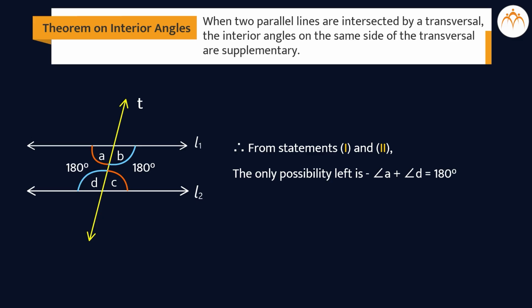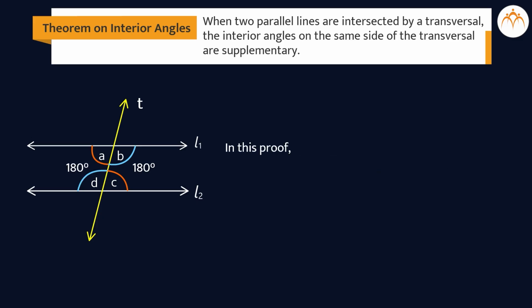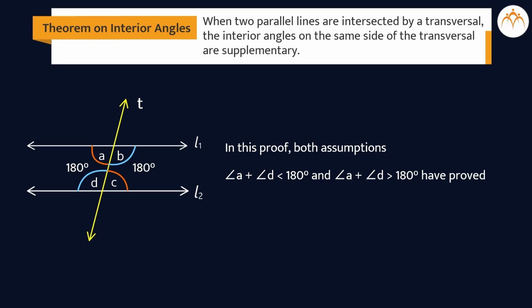to 180 degrees. Now, in this proof, both assumptions, the sum angle A plus angle D is less than 180 degrees and the sum angle A plus angle D is greater than 180 degrees, have proved false because both have led to contradictions.